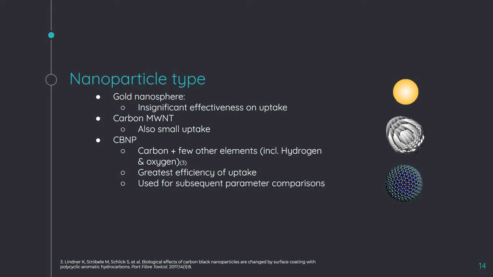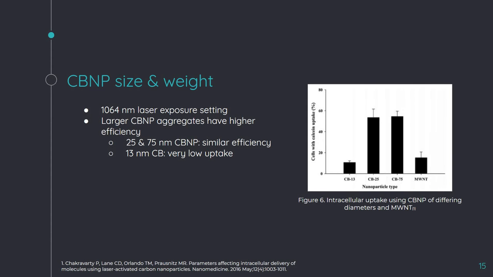This image is a good representation of laser microscope imaging and was taken from literature. When comparing nanoparticle type results, carbon black nanoparticles were found to induce the greatest efficiency of uptake. Gold nanospheres and carbon multi-walled nanotubes produced insignificant effect and were thus ignored for future result comparisons. On comparison between carbon black nanoparticle size, the laser was set to a 1064 nanometer exposure setting.